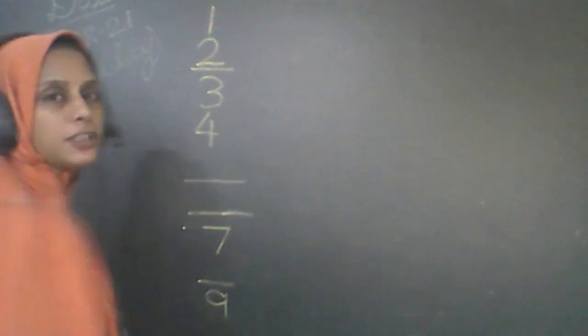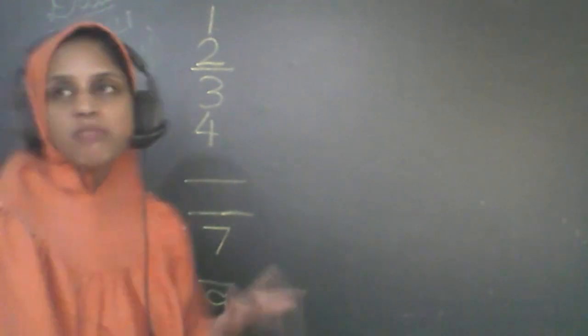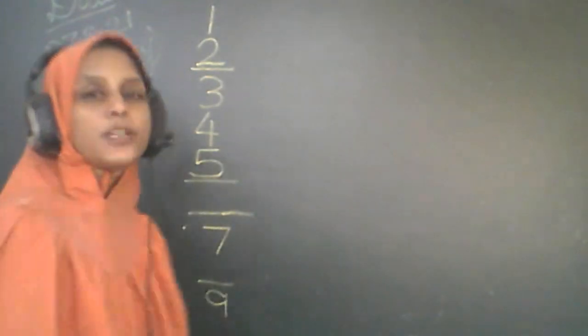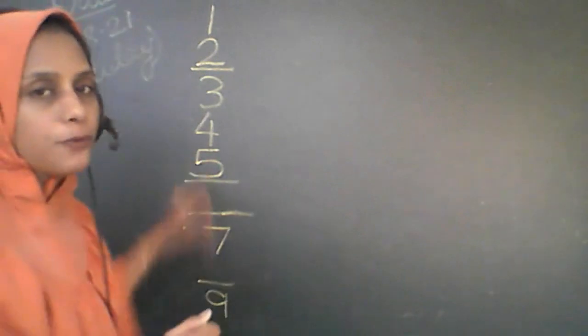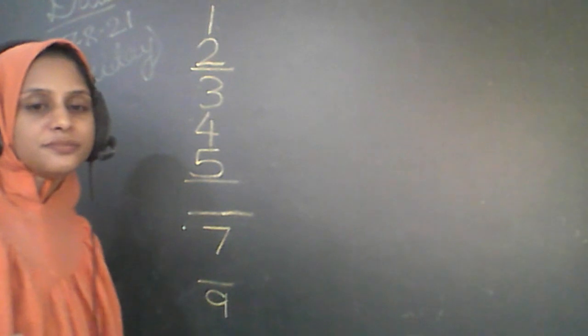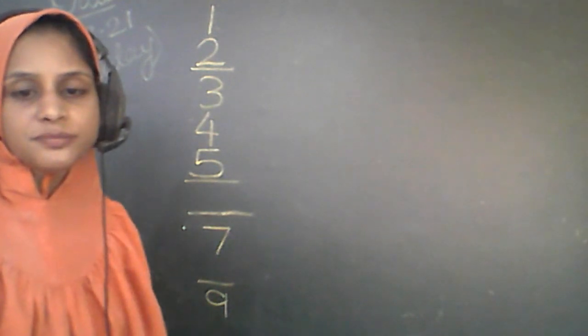Then after 2, 3 is written here, 4 is written here. Then after 4, what do you have to write? 5. Say the counting and fill in the missing numbers. One, 2, 3, 4, 5, and after 5, 6.